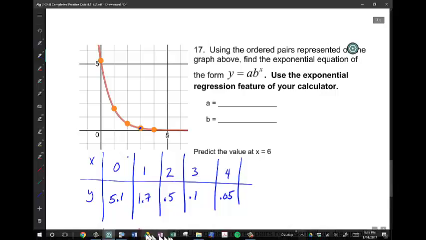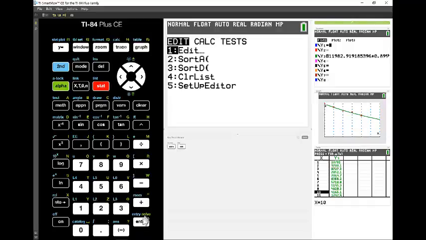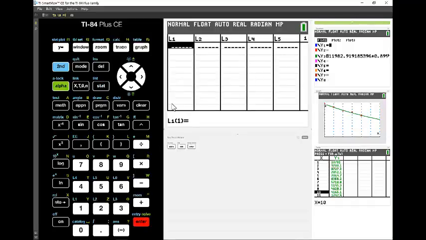So let's go to our calculators, and let's take those and go into the stat mode, go into edit, and let's put these values in. So we're going to put in 0, 1, 2, 3, and 4.